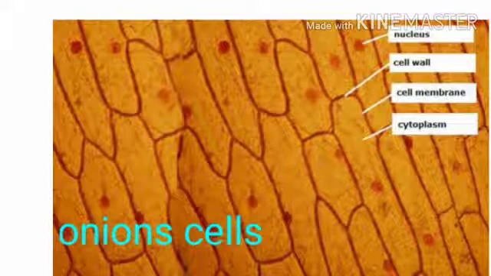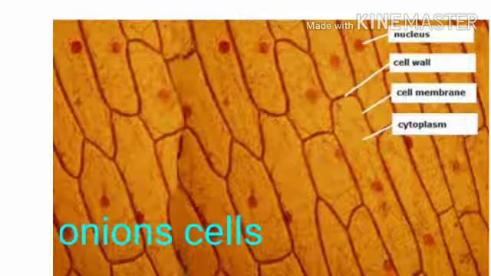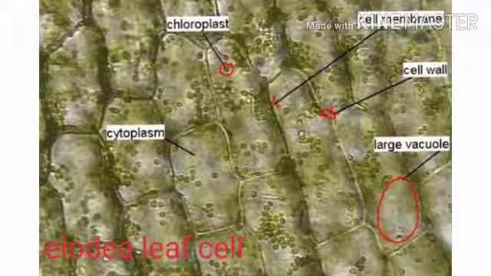we find brick-shaped cells lying side by side with an unclear cell wall, a centrally placed vacuole, and a thin layer of cytoplasm between cell wall and vacuole.